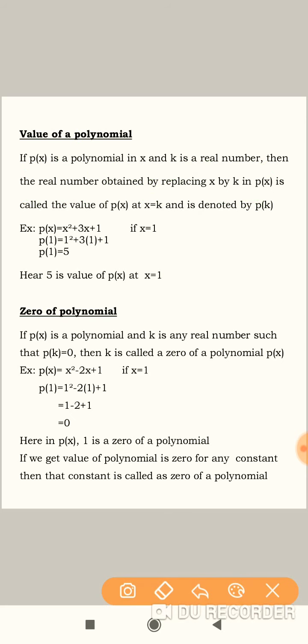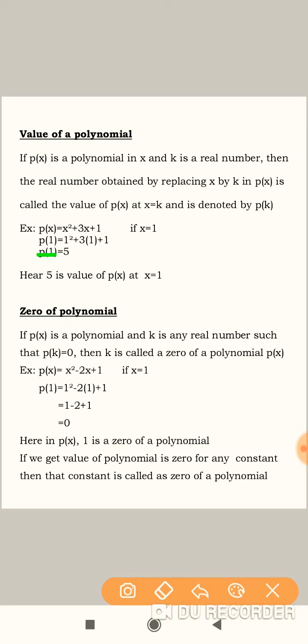For example, if p of x is equal to x square plus 3x plus 1, and you replace the variable x by the constant 1, that is k equal to 1, then p of 1 is equal to 1 square plus 3 into 1 plus 1.